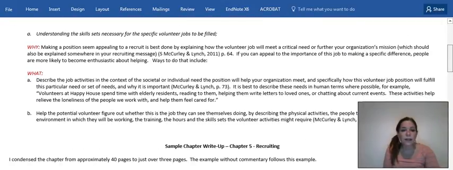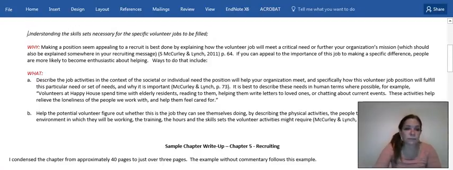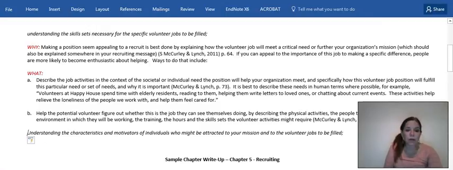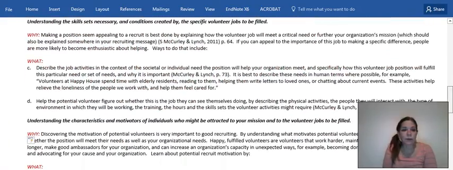Then you're going to bring down the next one. And then you're going to go back to the book. In this case, I'm going down to something I already wrote.